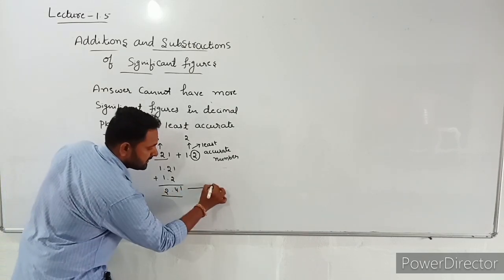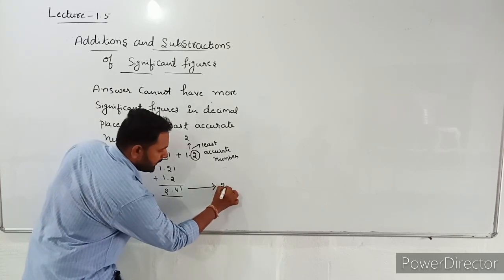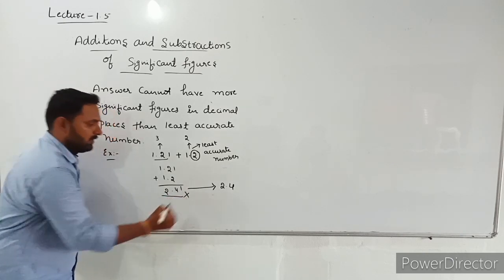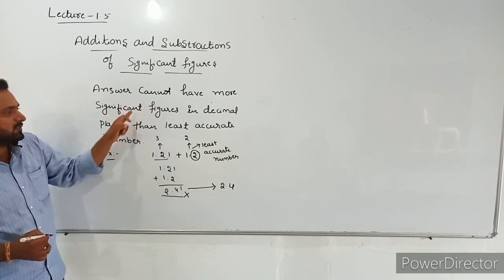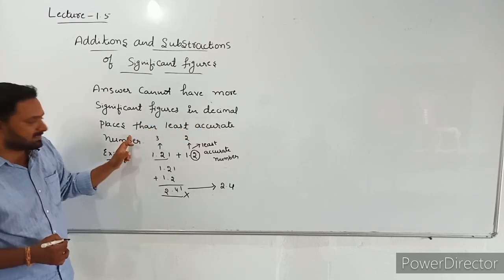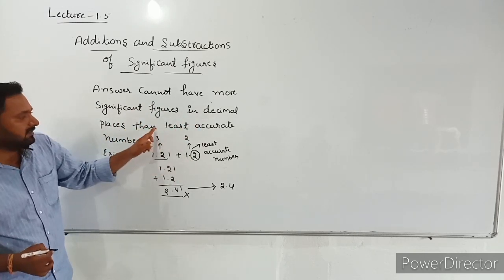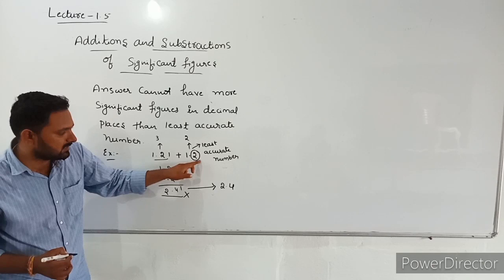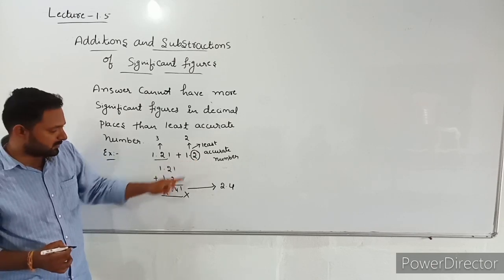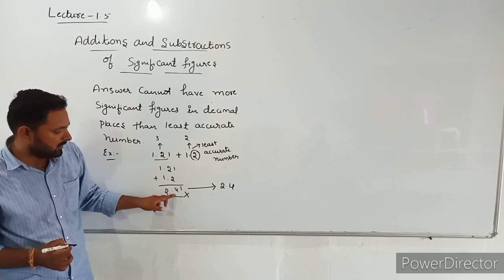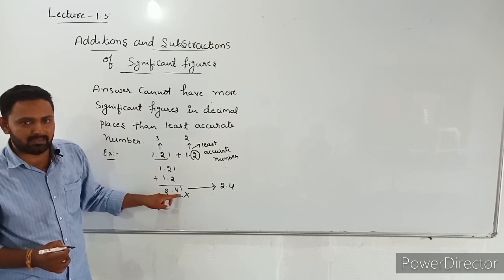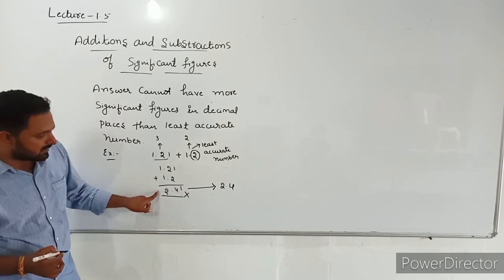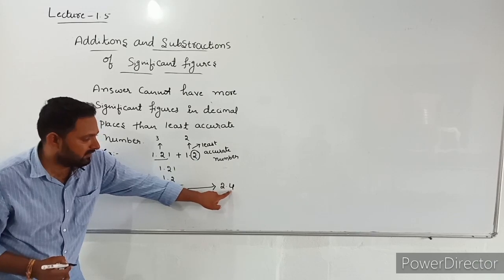So this answer is reported as 2.4, not 2.41. Because the answer cannot have more decimal places than the least accurate number. In the other number there are two decimal places, but in the final answer there should be only one. That's why this answer is reported as 2.4.